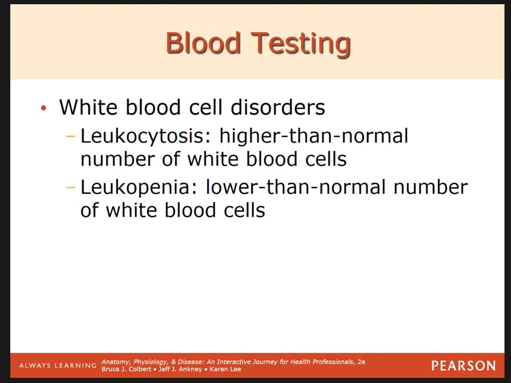On the white blood cell side, we have higher than normal white blood cells, known as leukocytosis, or a deficiency in white blood cells known as leukopenia. So penia means deficient. So erythrocytopenia, low red blood cells. Leukopenia, low white cells.